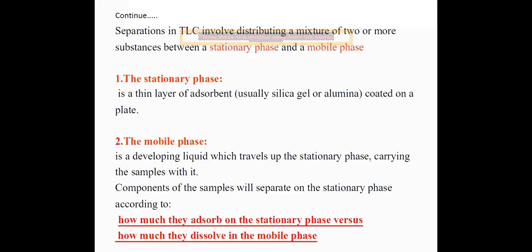It requires preparing a slurry of the adsorbent with some suitable solvent. Then prepare the plate and keep it for activation, that is drying in an oven at 100 degrees Celsius for 1 hour, which is known as the activation of the plate.